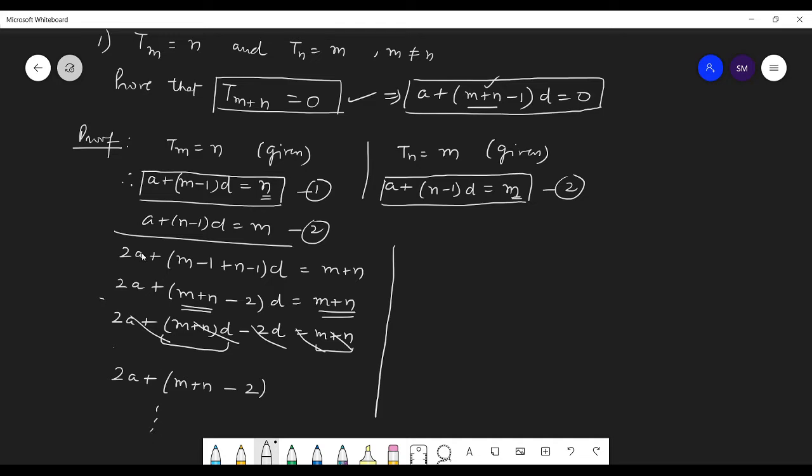So students, this is one way. There is another way also. We are not getting the end to this. To prove this, we are getting something else, m plus n, because then we will not be able to take this common. So that's how we get stuck. So what can be done?